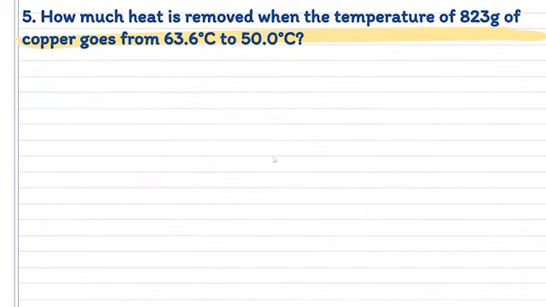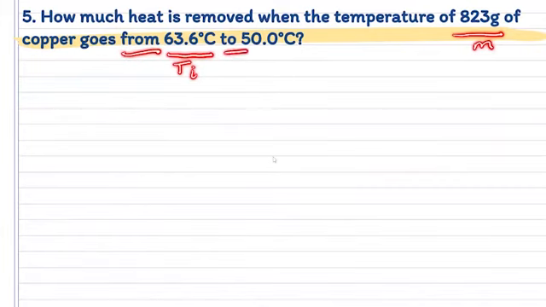5 asks, how much heat is removed when the temperature of 823 grams of copper goes from 63.6 degrees Celsius to 50.0 degrees Celsius? Annotating it, 823 grams, that's going to be my mass. 63.6 degrees Celsius, that's going to be my T initial since it says from.